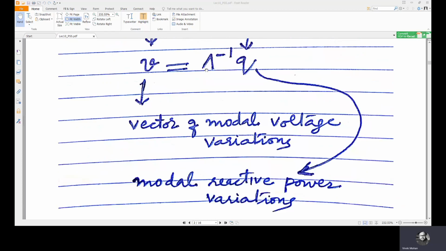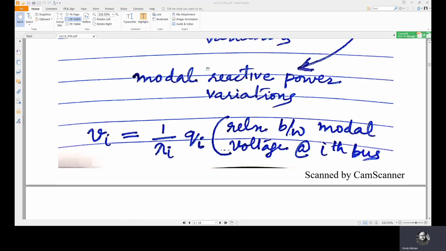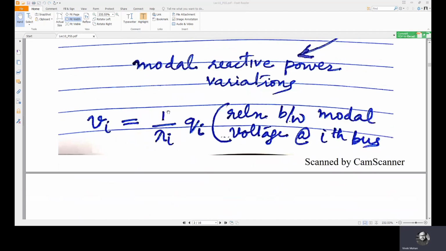Inside the big lambda matrix, the eigenvalue diagonal matrix, we have diagonal elements lambda 1, lambda 2, etc. If JR is an n-dimensional matrix, then we will have n eigenvalues, up to lambda n. So in general I am writing lambda i, and because of the inverse, I am writing it as 1 by lambda i. So small vi equals 1 by lambda i into small qi.